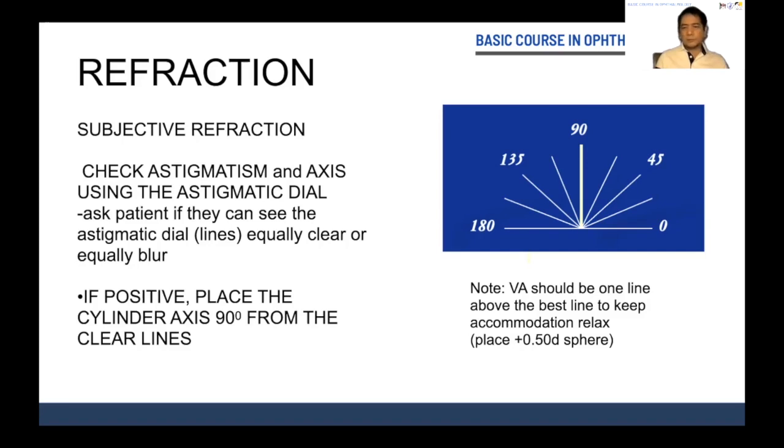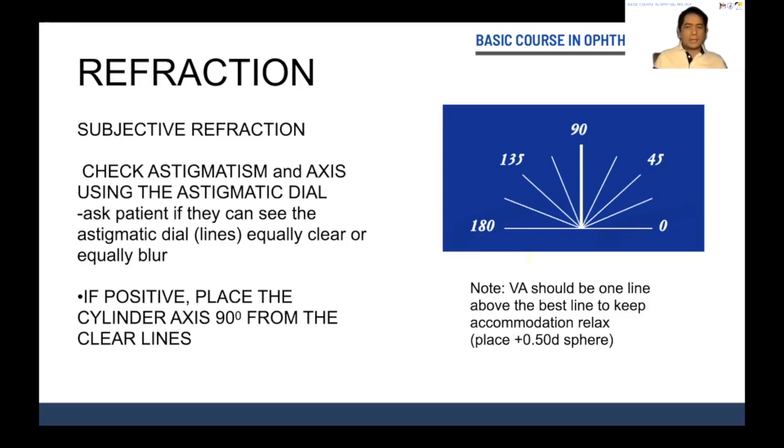Like in this example, the darkest or the brightest line is at 90, the vertical line. If the patient reports that the brightest line is at 90, meaning they are not equally clear or equally bright, that means there is an astigmatism.